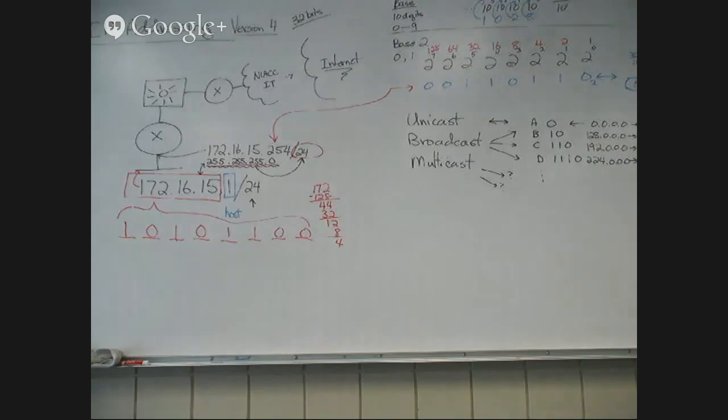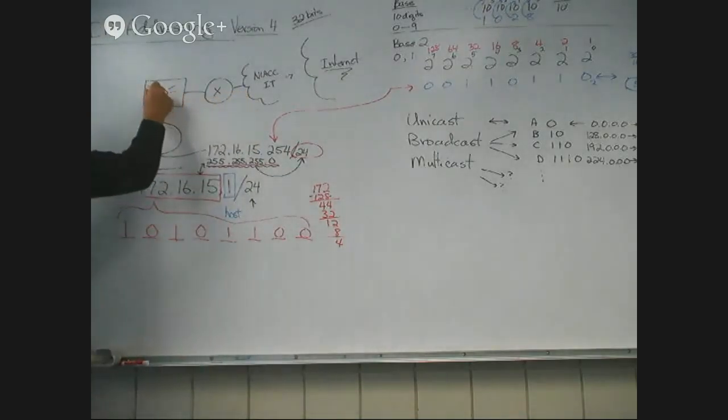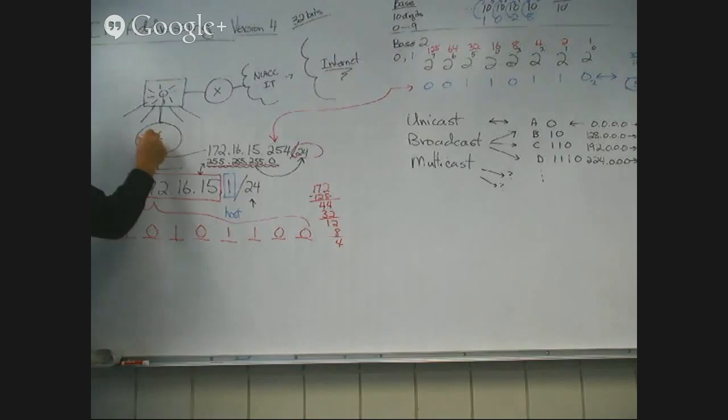So when the traffic, okay, I sent a ping from here. We have multiple people connected here. This router sent it to this router based on the IP address. Then it got into this router and it sent it out to the workstation.